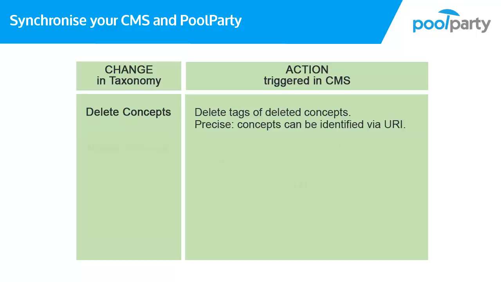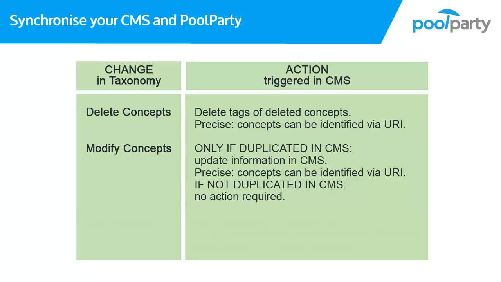The second possible change is modification of concepts in your taxonomy. If concepts have been modified, for example, if labels have been added, deleted or modified, this will require action on the side of the content management system only if labels are stored within the CMS as well, and not just concept URIs.